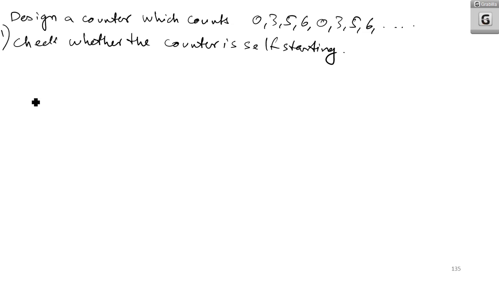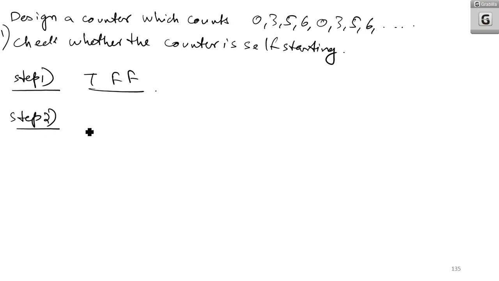Now, what is step 1? I am choosing a flip-flop. Let me choose the T flip-flop, that is the easier one. Now, the second step is to draw the excitation table of the T flip-flop: T, present state, next state.